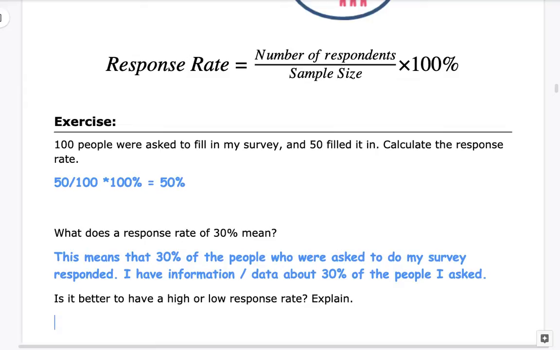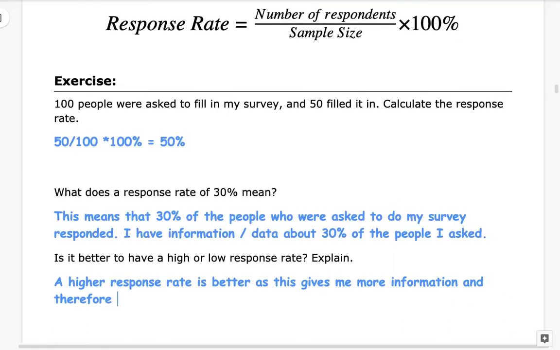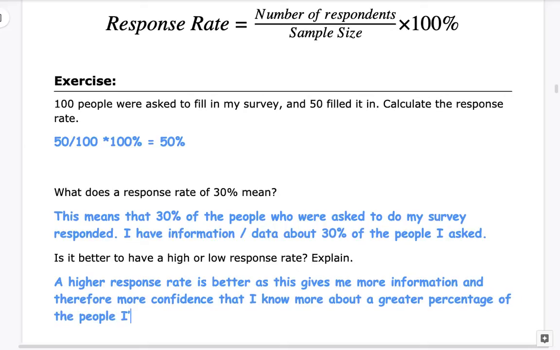Well, the more information I have, the more accurate, the better my decision process is. So it's always better to have a higher response rate. So a higher response rate is better, as this gives me more information and therefore more confidence that I know more about a greater percentage of the people I'm interested in.